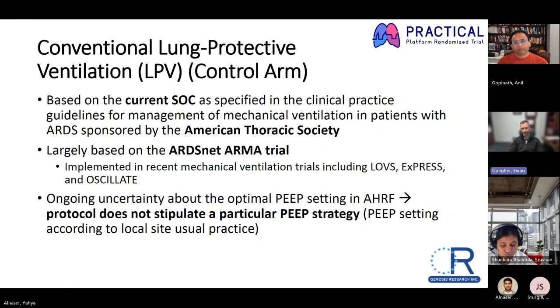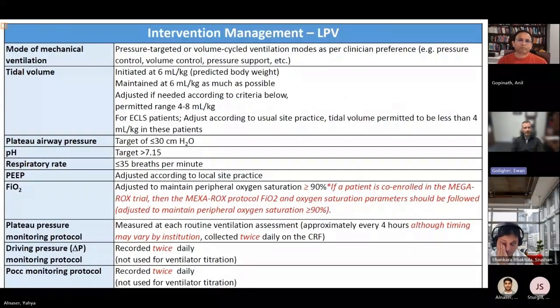And that's basically grounded in the fact that the management of PEEP remains an area of some uncertainty in hypoxemic respiratory failure. Okay. The mode of ventilation is either pressure targeted or volume cycled ventilation.